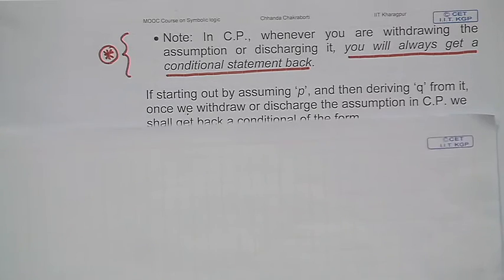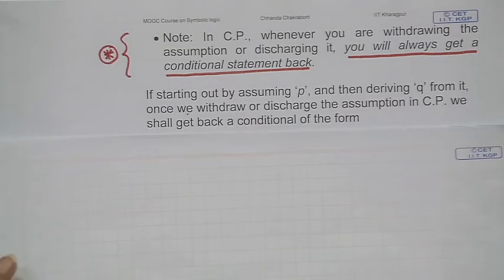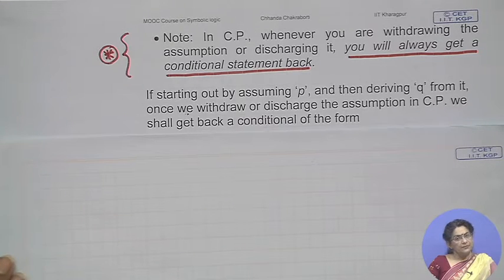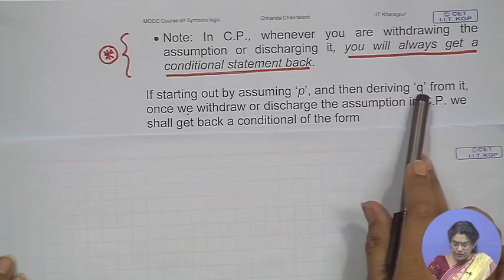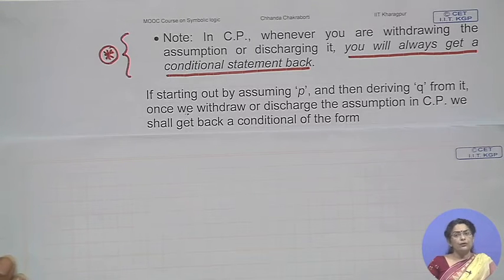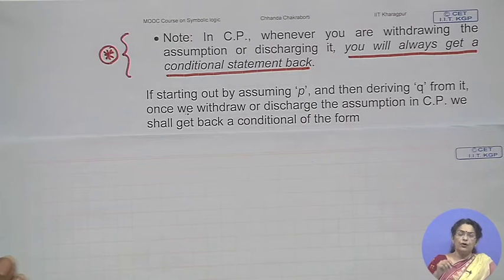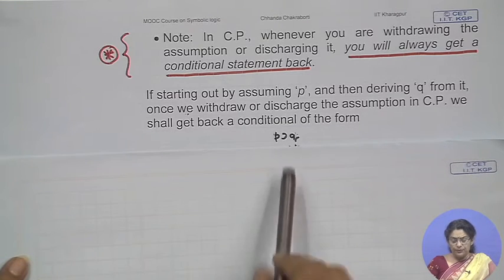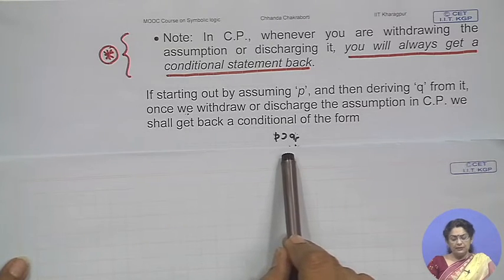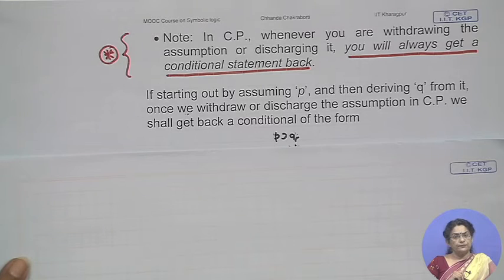So, if you said let us assume that P, and then you derived Q from it, and then you said okay, I have reached my goal Q, I no longer need this P, you are going to withdraw or discharge the assumption P. The moment you do that, what are you going to get back? In CP we are going to get back a statement like this, P horseshoe Q.